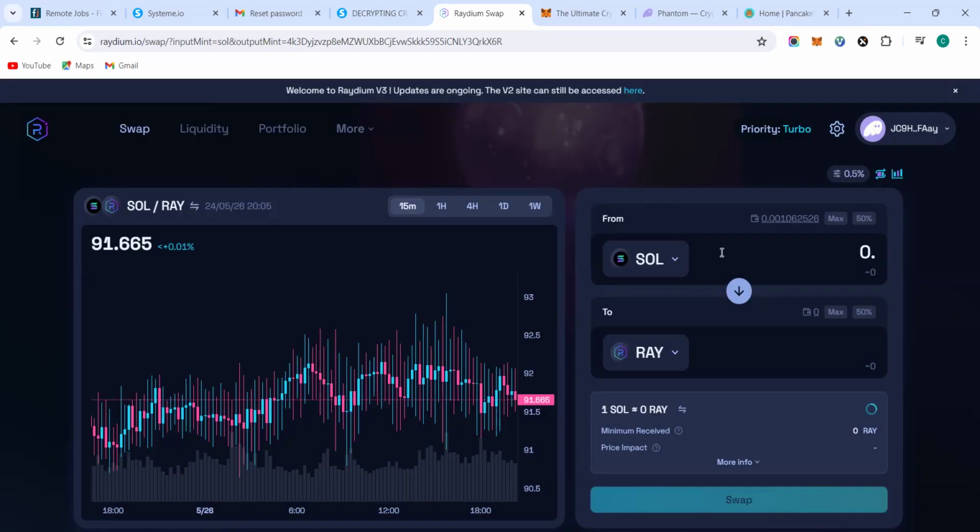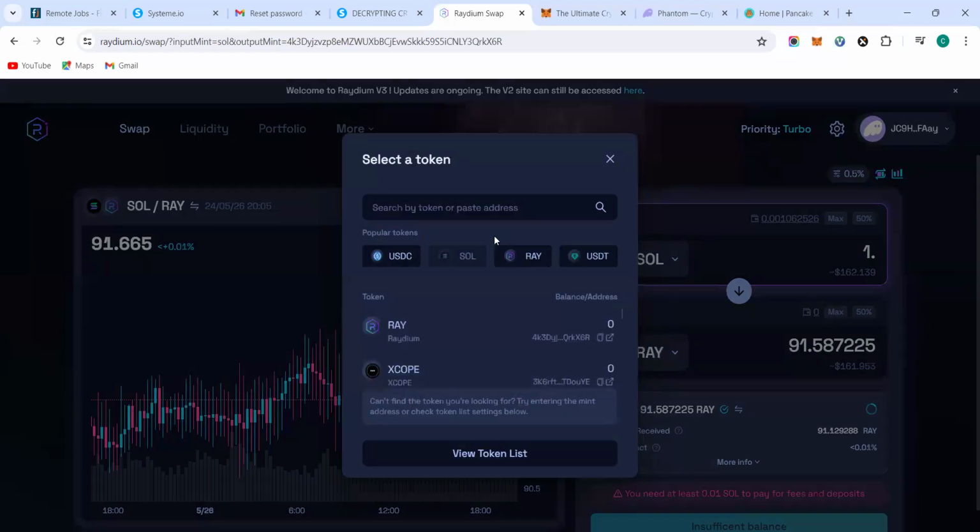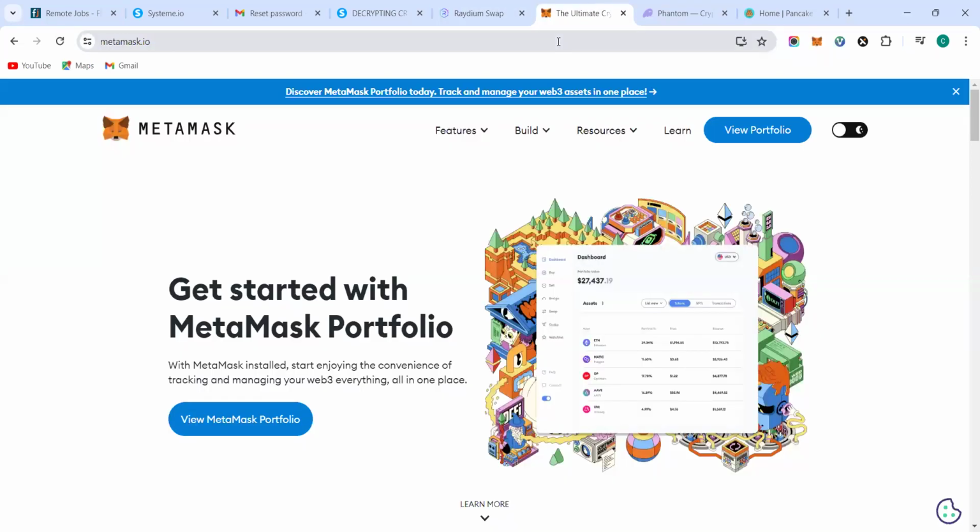Once you enter the amount of Solana you want to buy, it's going to show you how much of the tokens you're going to get for that amount. So let's say if you had one Solana and the current price is $162 for one, you're going to be getting 91 Raydium tokens, right? Or if you buy another token, you're going to paste the contract address here. So for example, I could come to Dex Screener.